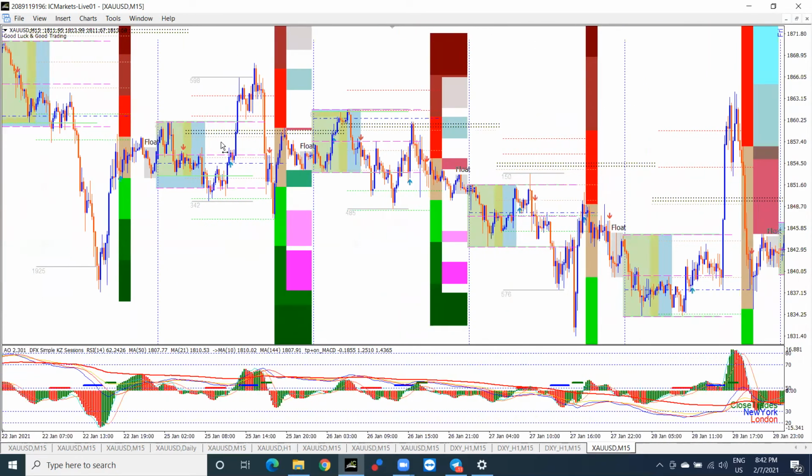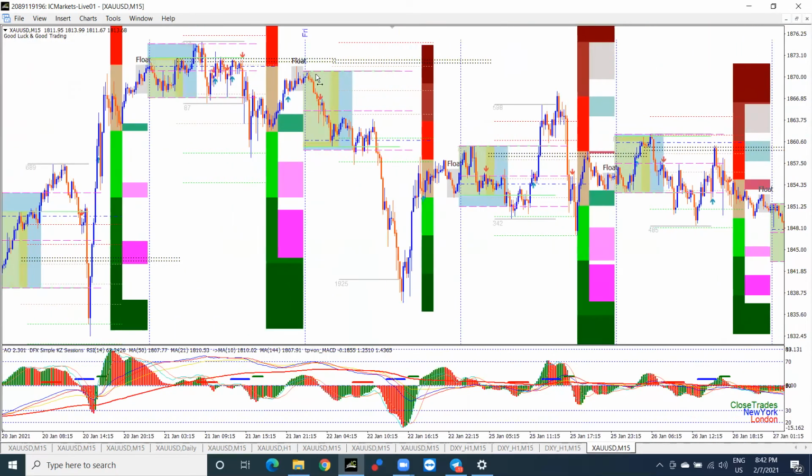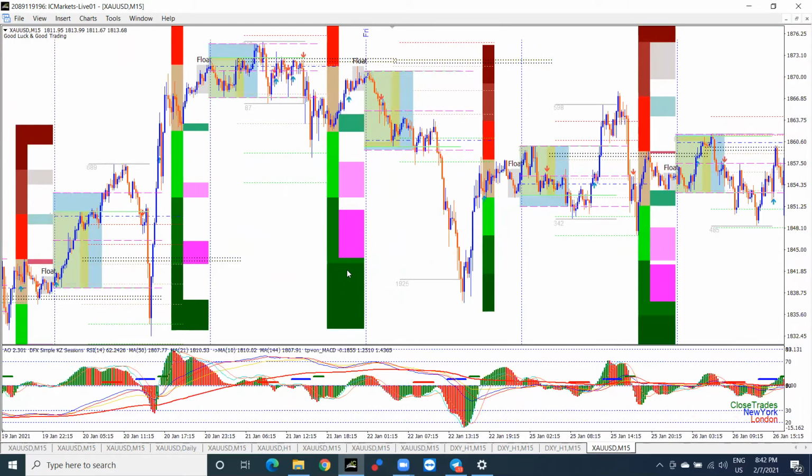Okay, this example is a good one. We have our deviation inside the previous deviation.